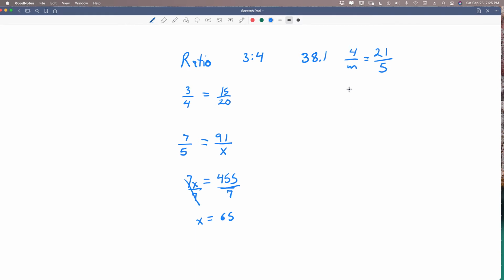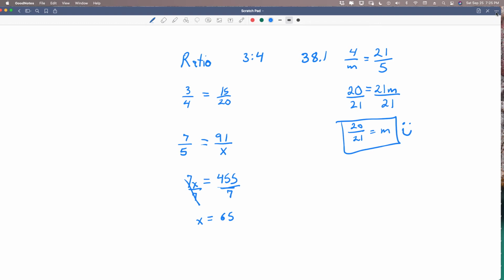So 4 times 5 is 20, and 21 times m is 21m. Now when we divide both sides by 21, we find that 20/21 is equal to m. We can't reduce this anymore because there's no factor of 20 that is also a factor of 21. So it just stays like this, and this is the correct answer.